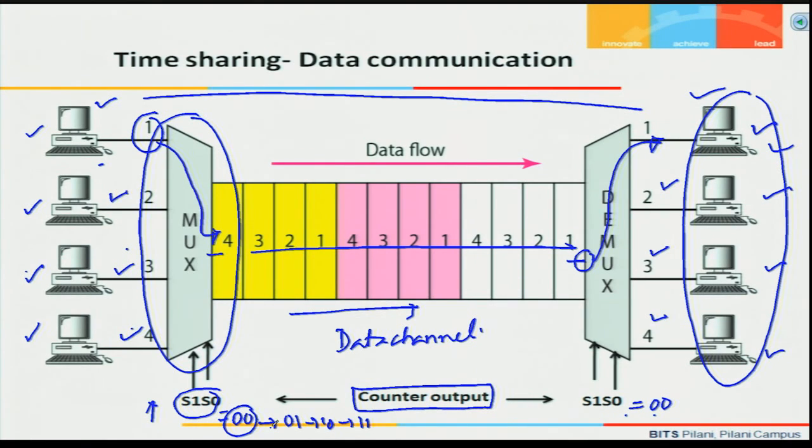Accordingly, one of the inputs through the channel gets transferred to one of the outputs. So I am able to transfer multiple input information to multiple output devices using a single communication channel. We call this data routing through a single channel, but it is being shared one at a time, which uses the concept of time sharing. So I could use a multiplexer and a demultiplexer for a data communication application like this.